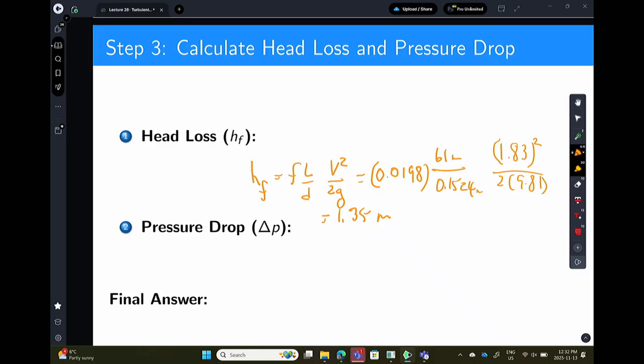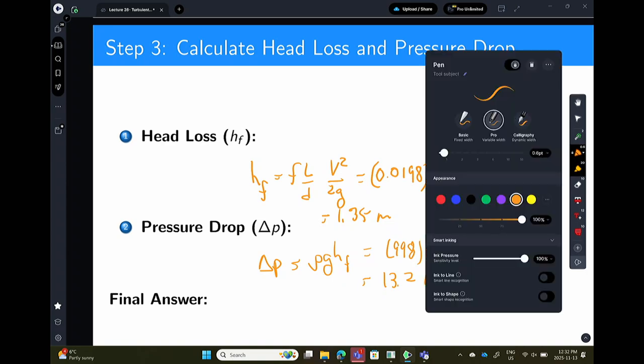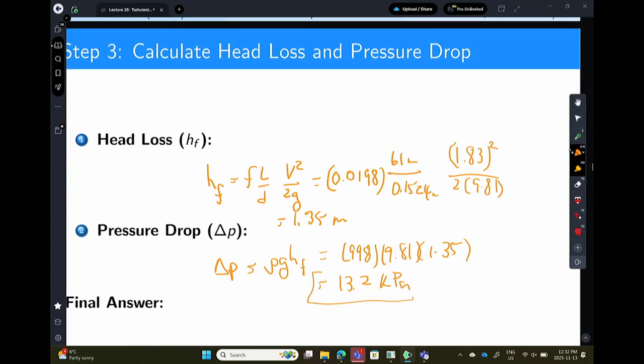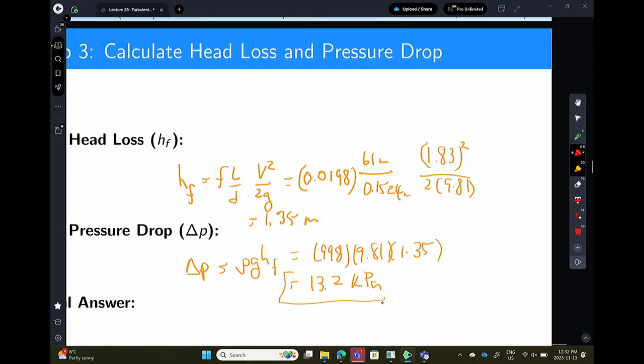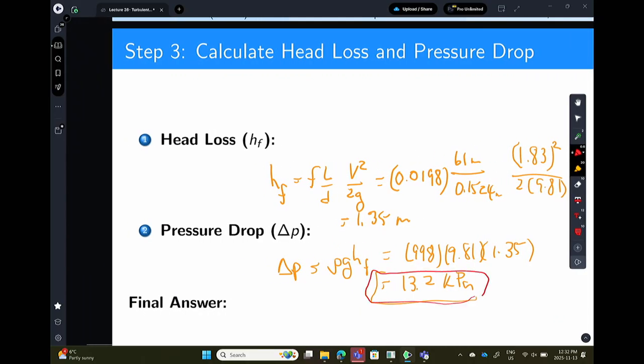And delta P is equal to rho g h_f, which is equal to... So the final answer is really delta P is 13.2 kilopascals. Head loss is 1.35 meters. Any questions on that one?